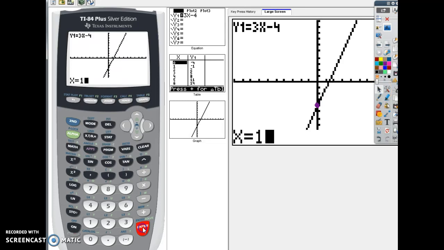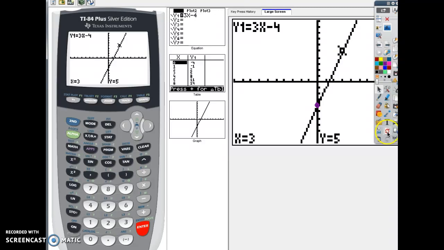So 1 enter works. So we're going to put 1, negative 1. And then you're going to hit 2 enter. That's going to give you the next one, which is 2, 2. And then 3 enter is 5. So make sure you plot those.